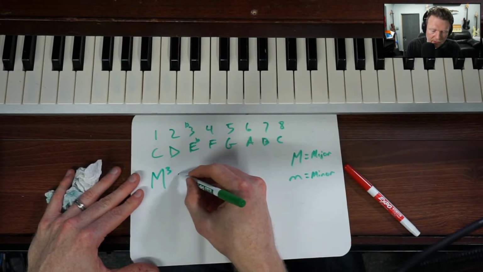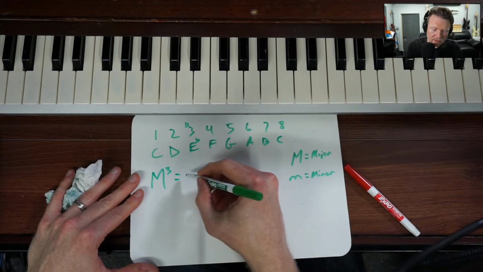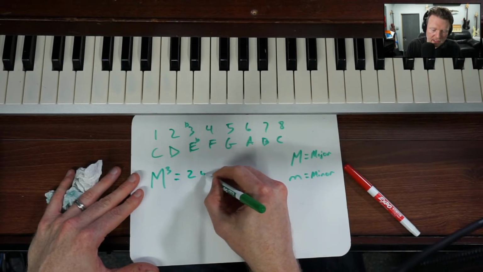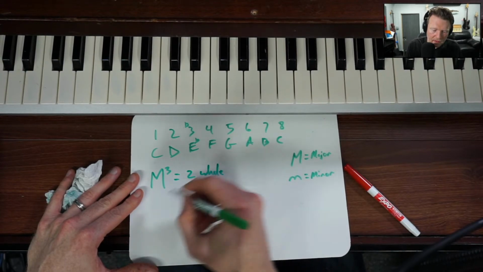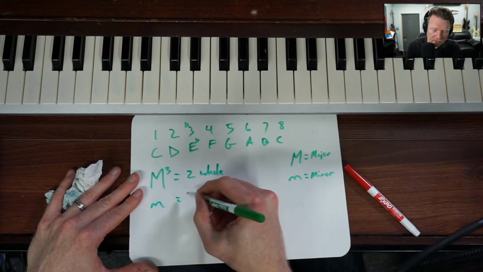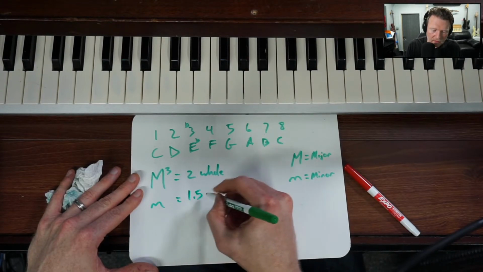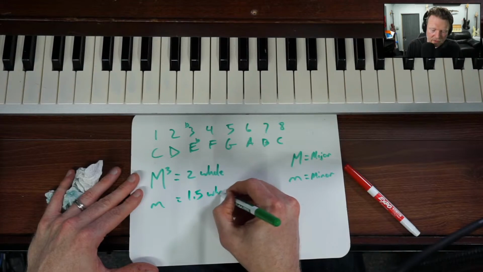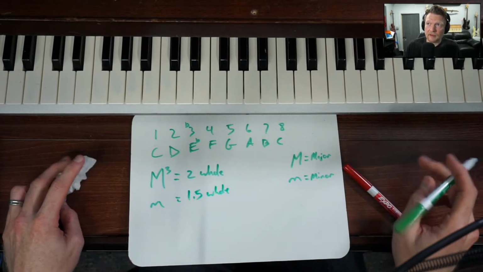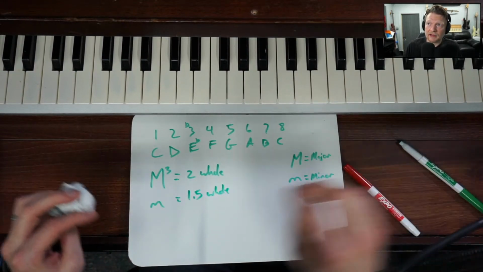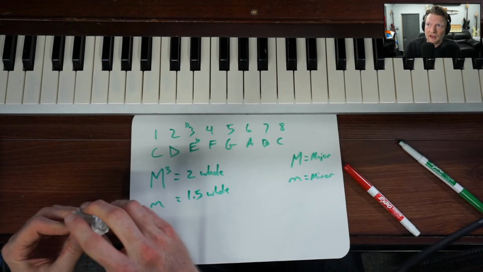I'm going to write the little 3 so we can see it. Major third is equal to 2 whole steps, and a minor third is equal to 1.5 whole steps. Hopefully that makes very good sense.